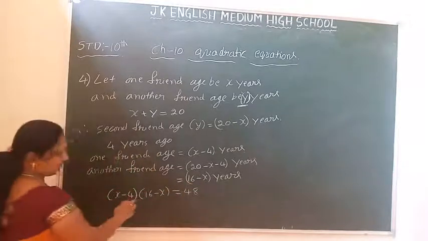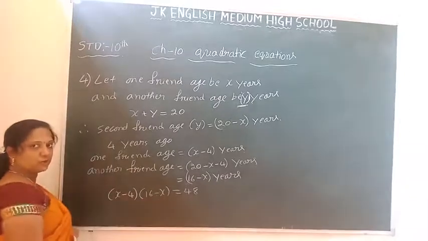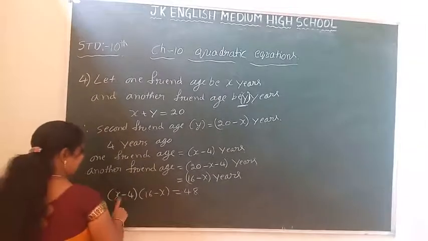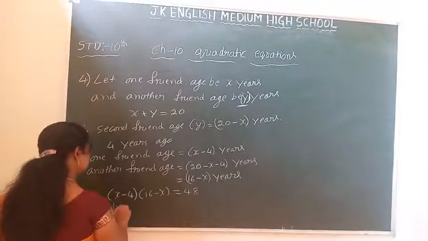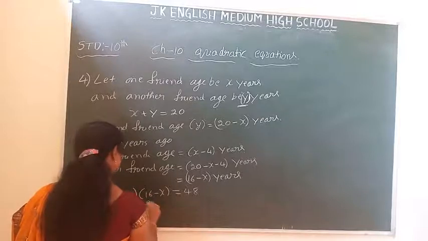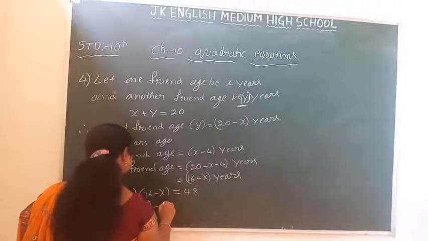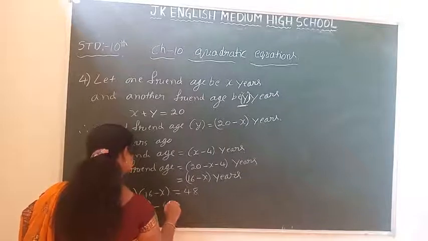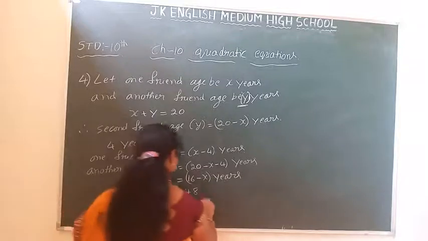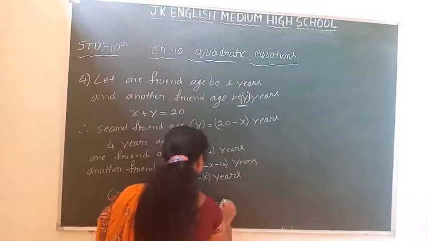Now multiply: x into 16 is 16x, plus into minus is minus x square, minus into plus is minus 16 fours are 64, then minus into minus is plus 4x, minus 48 is equal to 0.